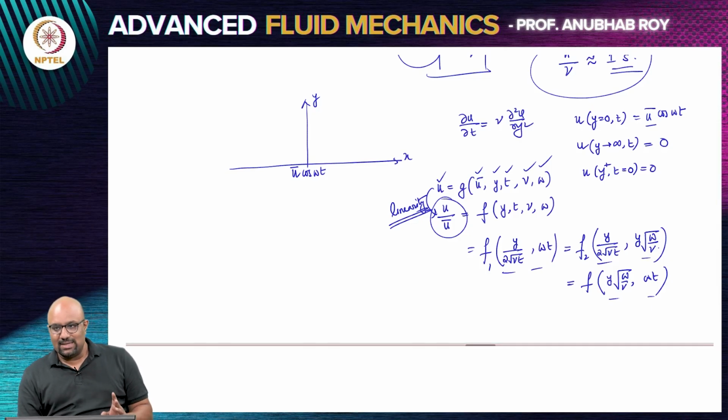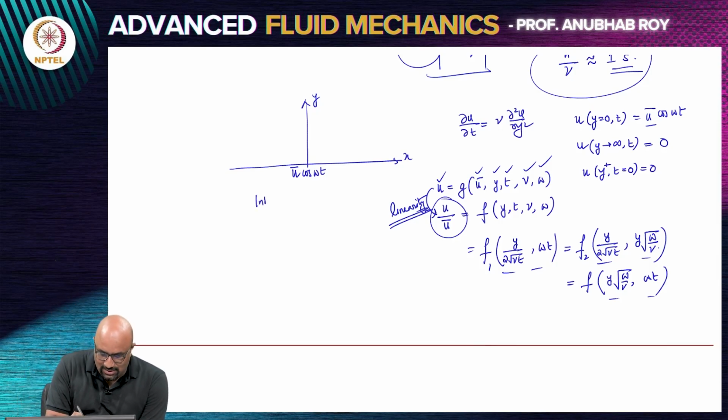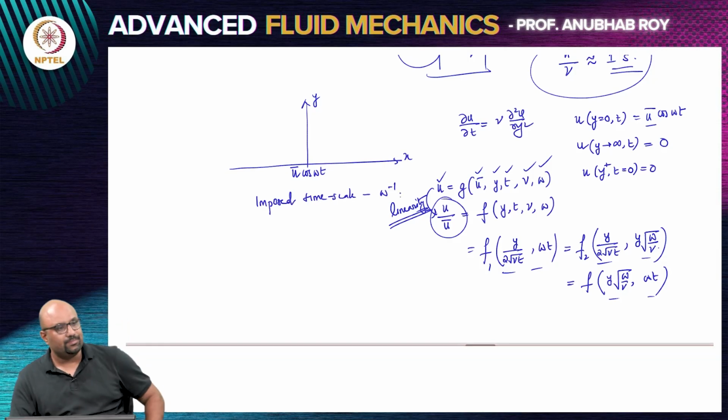That tells us that expecting a similarity solution here is not going to work out. There will not be a perfect similarity because you have an inherent time scale. So there is an imposed time scale in this problem, which is omega inverse. Omega is the frequency of oscillation. So that automatically imposes a time scale in the problem.